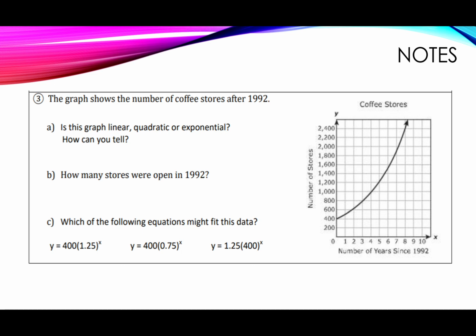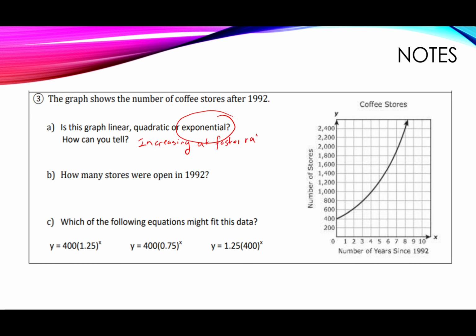All right. The graph shows the number of coffee stores after 1992. Is it linear, quadratic, or exponential? Well, not a line. It's not a parabola. It's increasing, and it's increasing at faster rates.